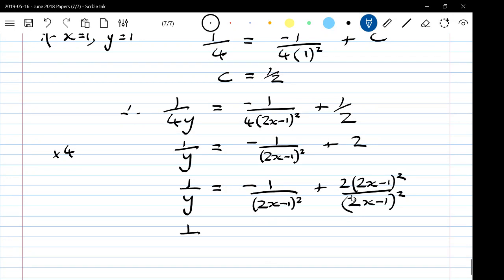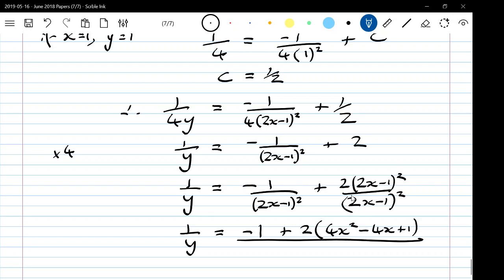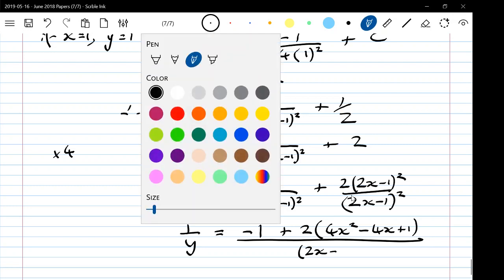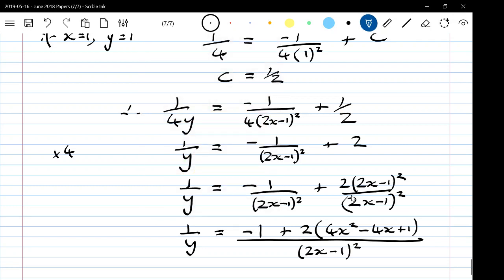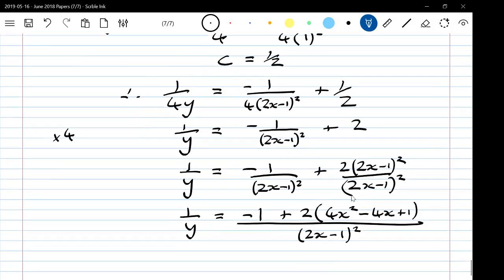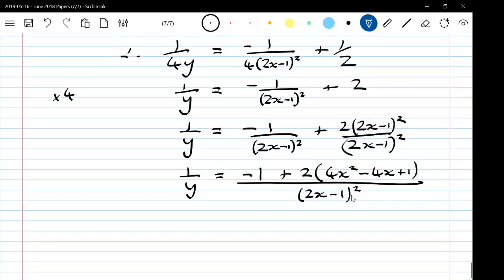Which gives me 1 over y is minus 1 plus 2 lots of 4x squared minus 4x plus 1 all over 2x minus 1 squared. Okay, I thought I'd do a cheeky little multiply out of that bracket in the middle of everything else.